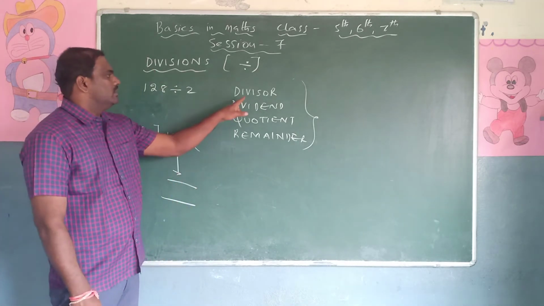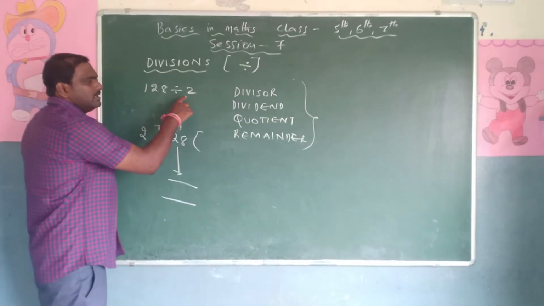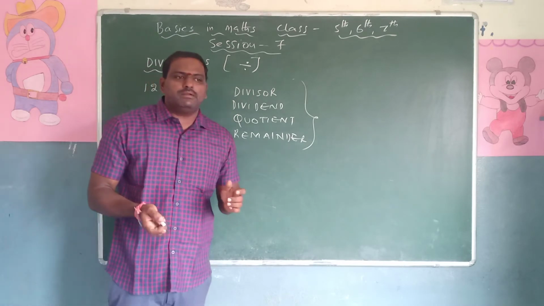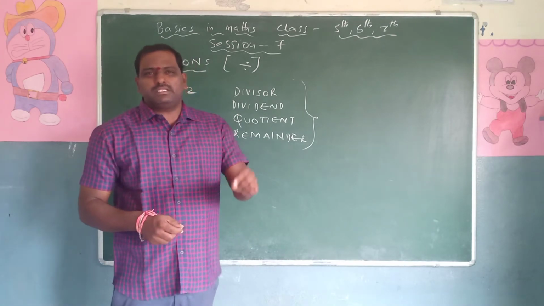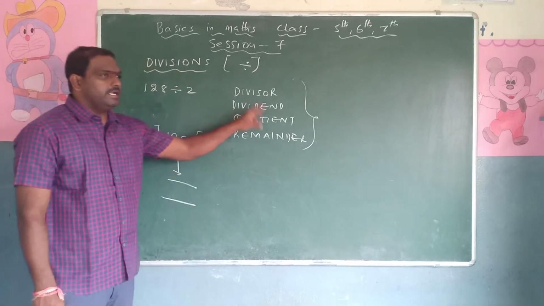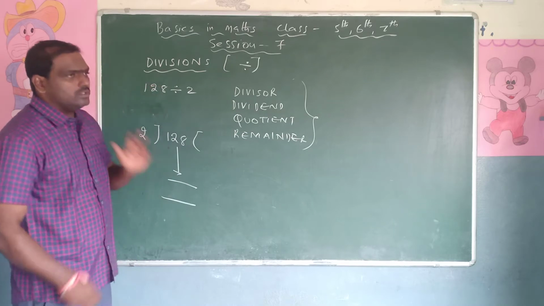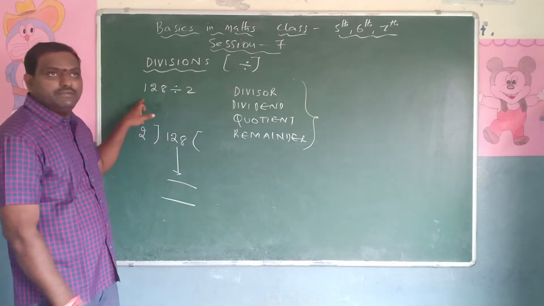Now I'll explain. Divisor: the number by which we are going to divide is called the divisor. Next, dividend: the number which is going to be divided is called the dividend.